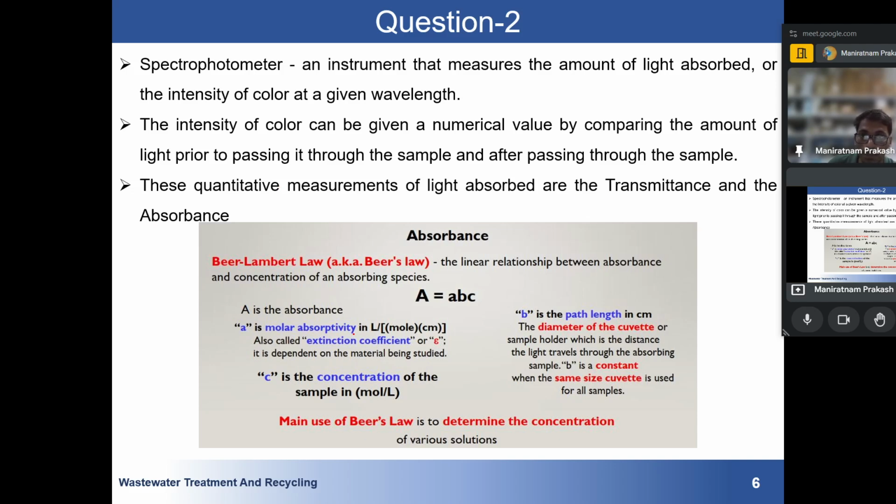Now, a very famous law which governs how absorbance is related to concentration is the Beer-Lambert law.